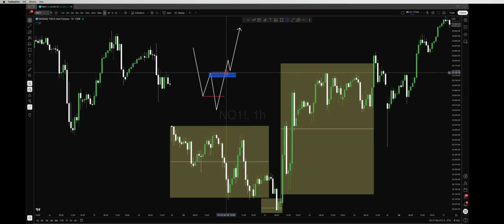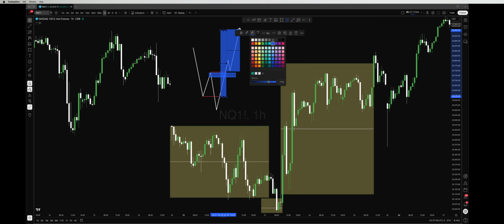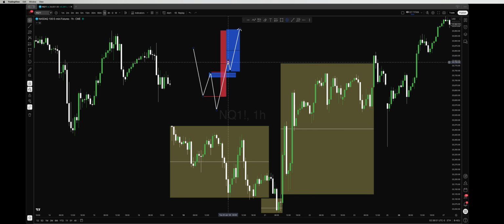This whole distribution move will be easier to catch, correct? So instead of taking distribution from all the way here to here, we are just anticipating price to take from this low after the market structure shift.